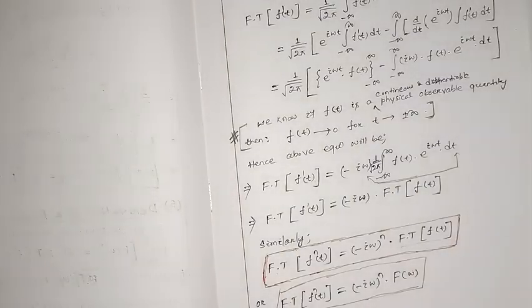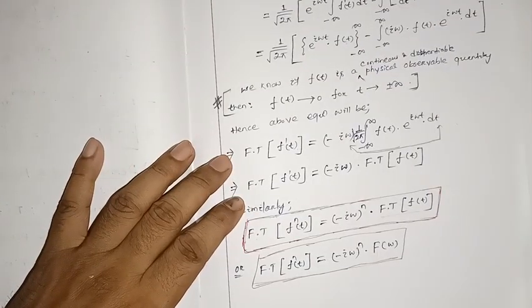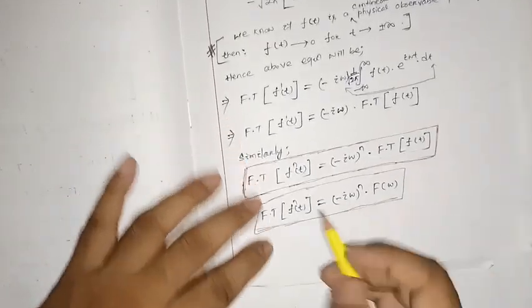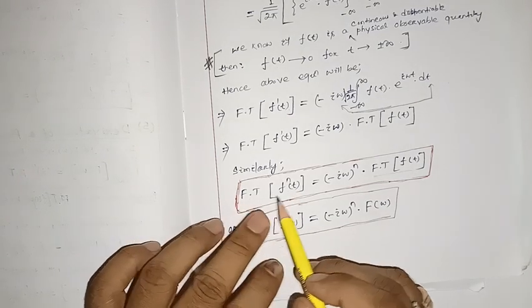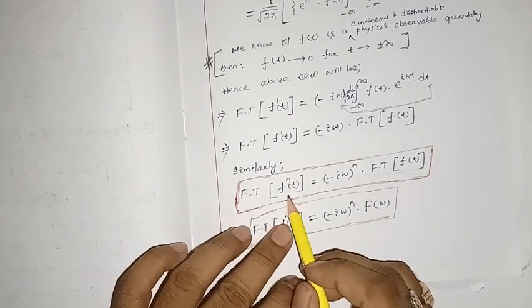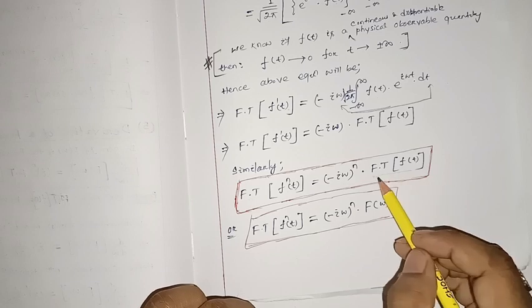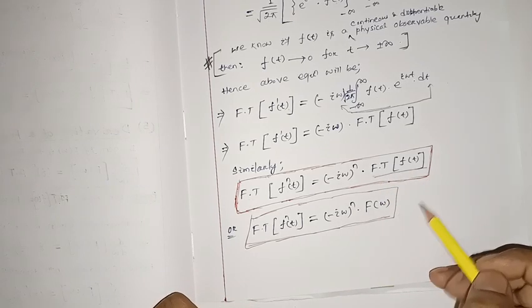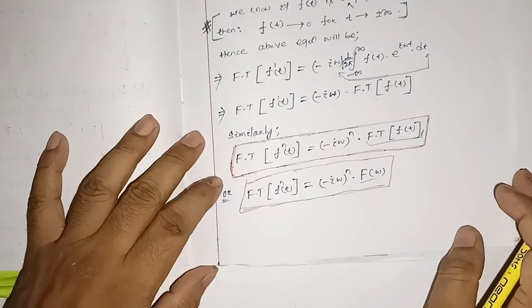Likewise, if we consider this way, then the nth derivative and its corresponding Fourier transform will be equal to minus i omega to the power n times the Fourier transform of that original function, that is f of t, or this can be written as capital F of omega.